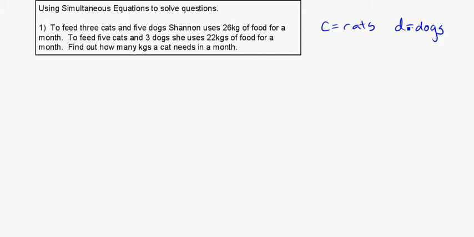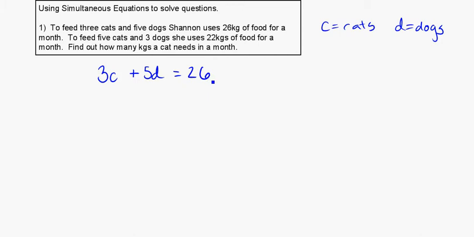And let's write ourselves an equation. So the first sentence says to feed 3 cats, so that means 3 times C, 3 cats, and 5 dogs. That word and means plus 5 dogs. So 3C plus 5D equals 26. That's my first equation.